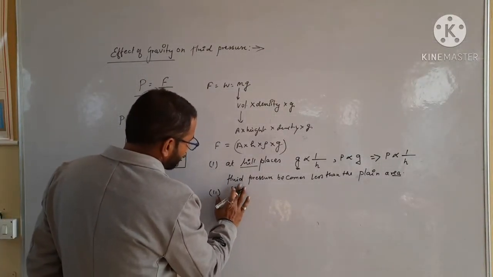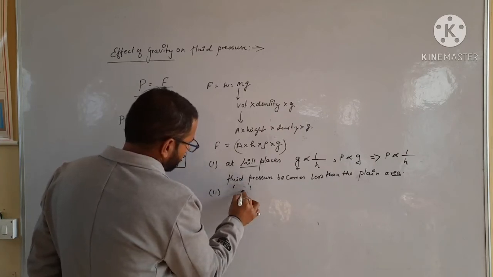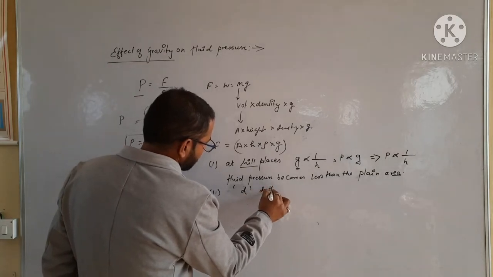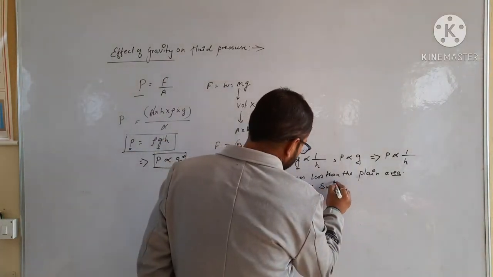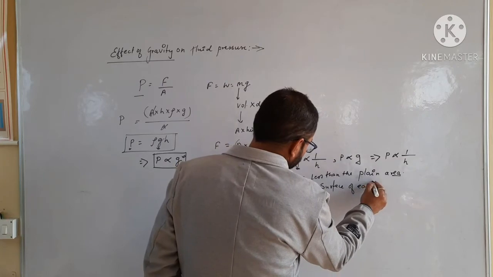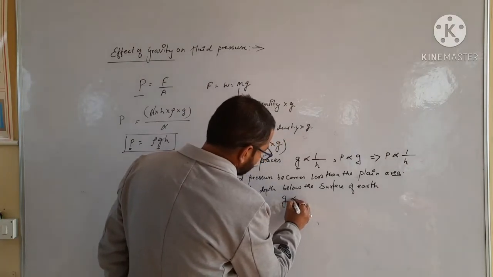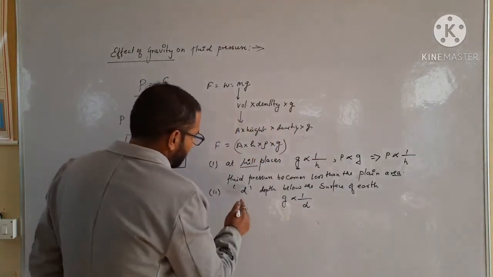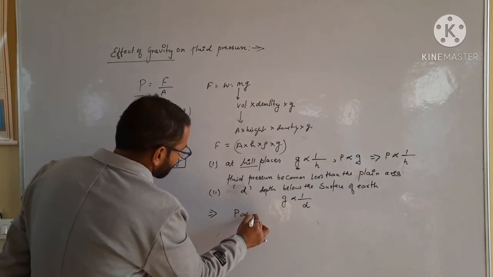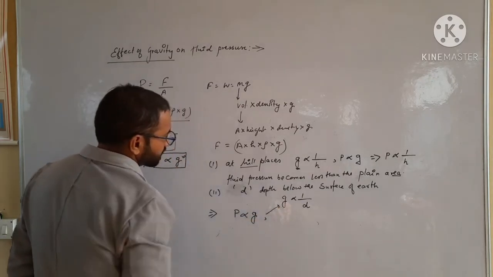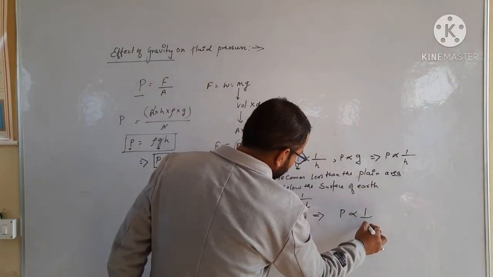when we want to know about the depth d below the surface of Earth, as we know the value of small g is inversely proportional to d, that time we can say that again P, which is directly proportional to g, and this g is inversely proportional to d, it implies P is inversely proportional to d.